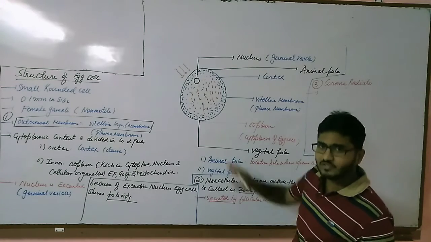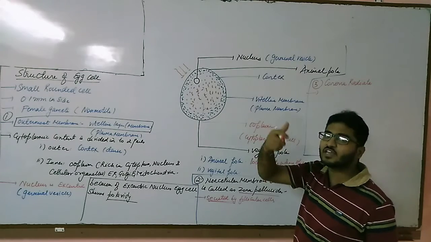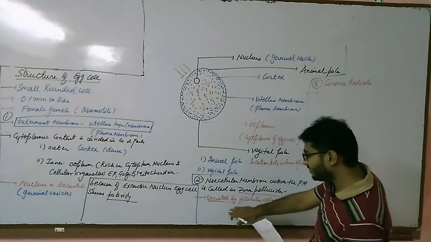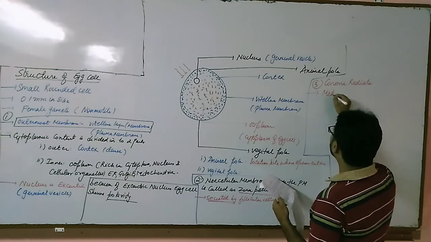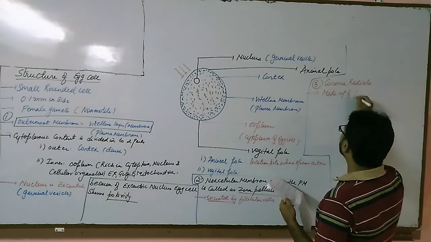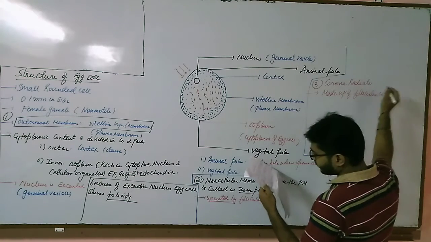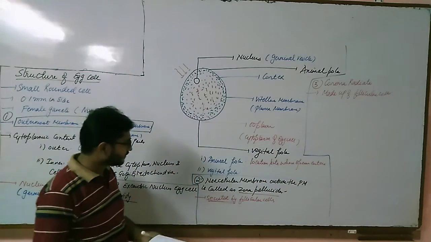This layer we will be drawing just after writing this. This layer will be arranged in the form of a radially circular structure. So this is secreted by follicular cells, and this is made up of follicular cells only, right?